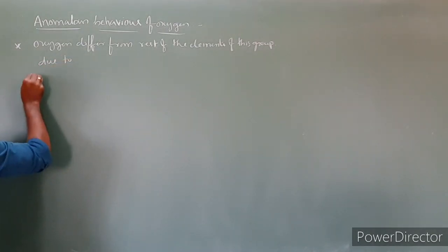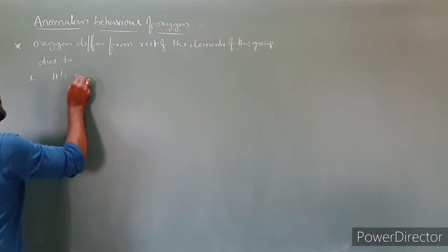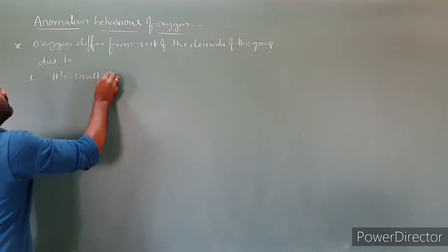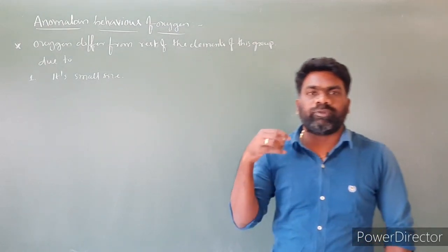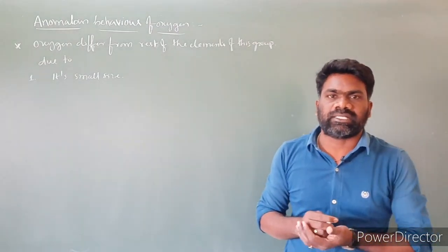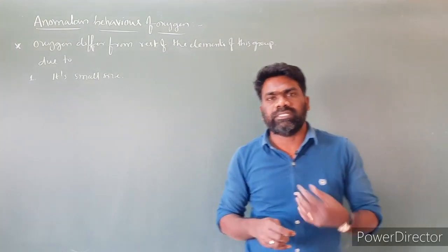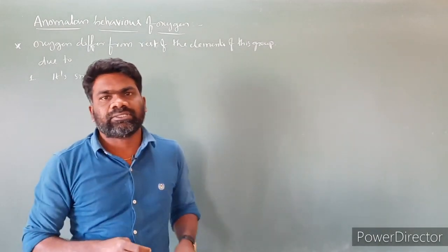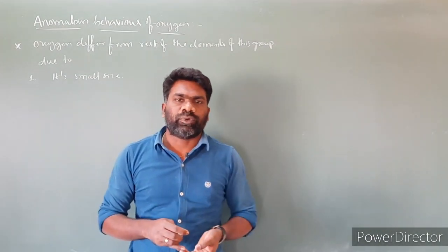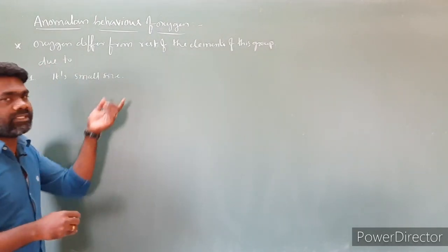the first reason, its small size. You already know very well that while moving from top to bottom, atomic size increases. The increase in atomic size is because the number of shells increases, that is, the principal quantum number increases.